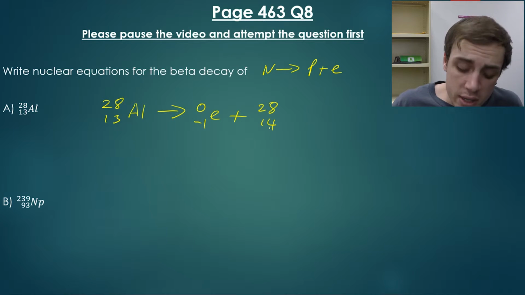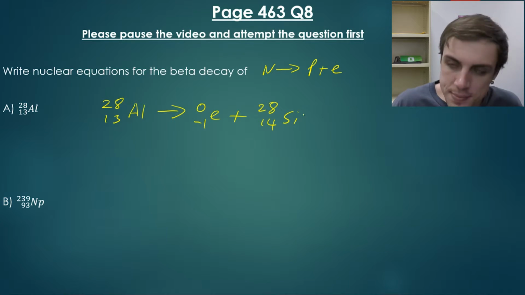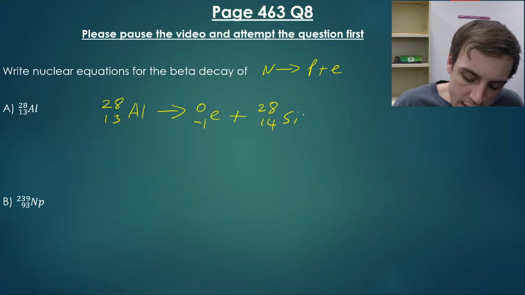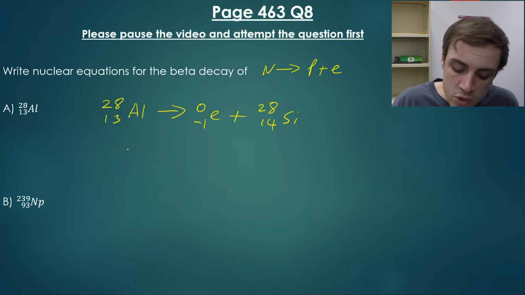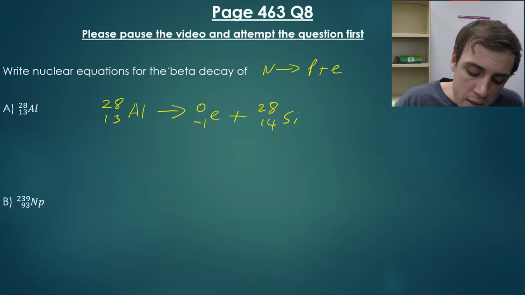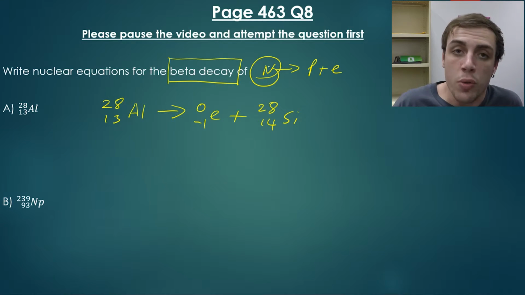Now we look at the periodic table and see which element matches 14, and that gives us silicon. And again, these still add up. So 0 plus 28 is equal to 28, and 14 minus 1 equals 13. So our numbers still add up. It's still just your normal maths, but the biggest thing is just to remember that beta decay is the breaking down of a neutron.